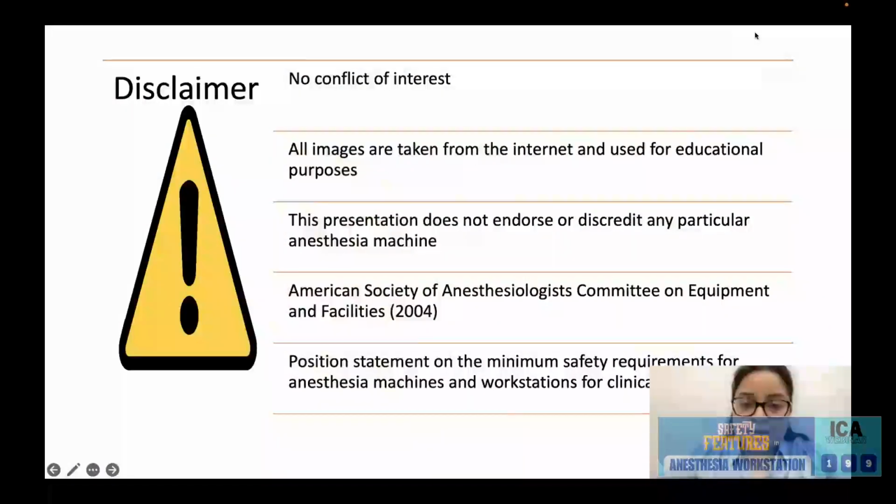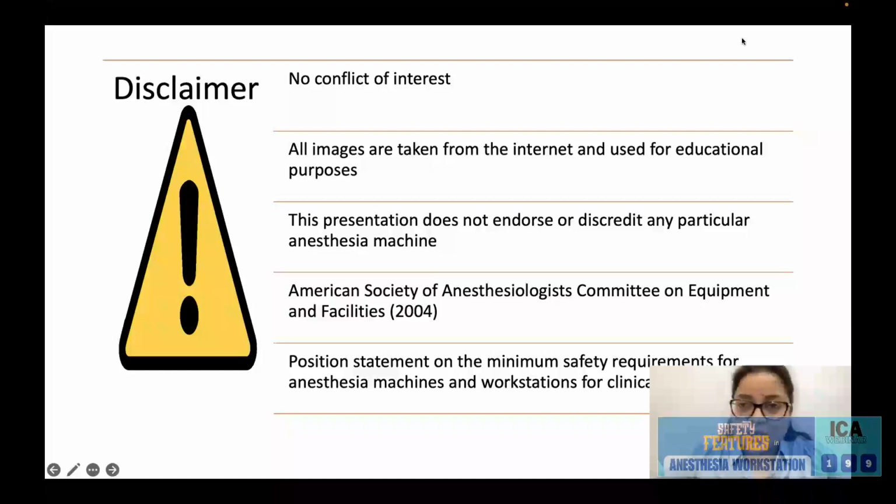Before starting with my presentation, I would like to flash some disclaimers. There is no conflict of interest, and all the images shown in this presentation are taken from the internet and used just for educational purposes. We do not endorse or discredit any particular anesthesia machine or company.